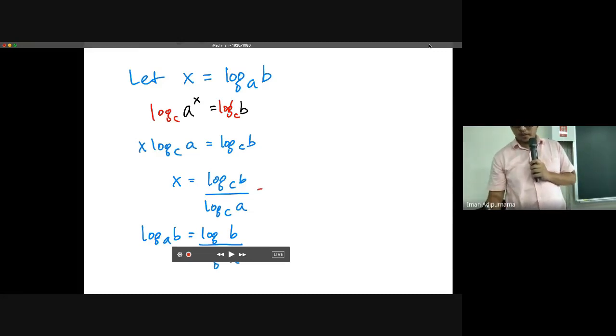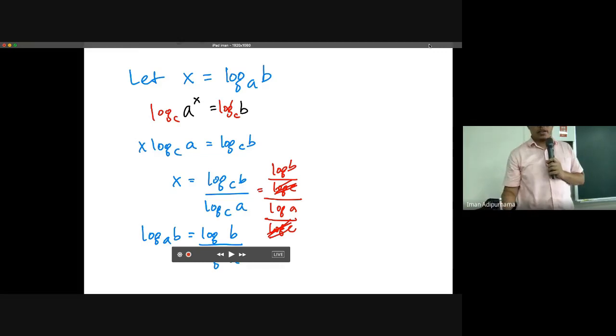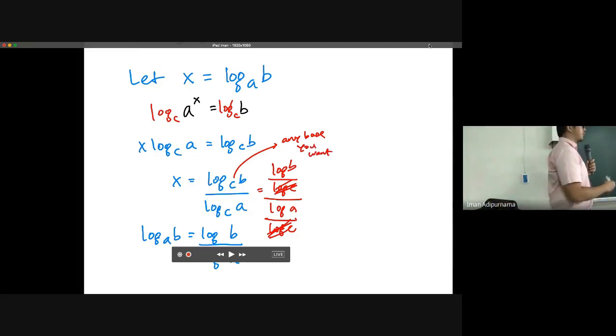Because in reality, your base is not really meaningful here. Practically you can have c be any base you want. You can change it to base e, which is the ln, or any number you want.